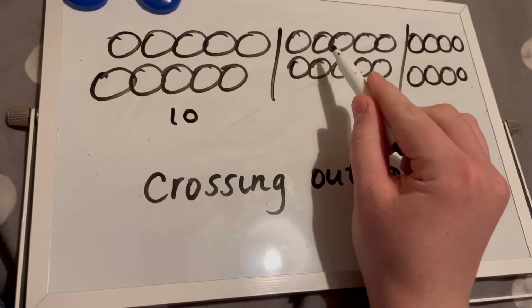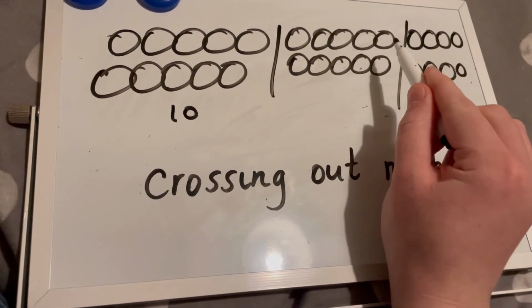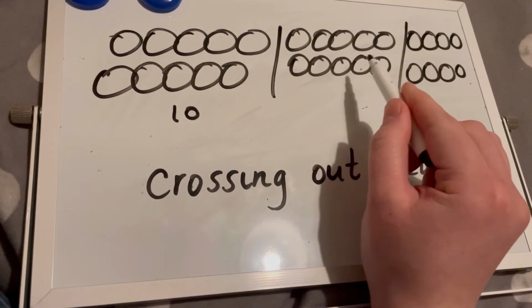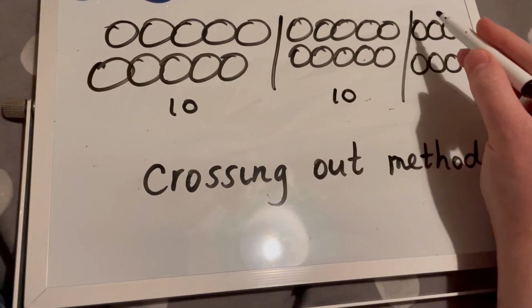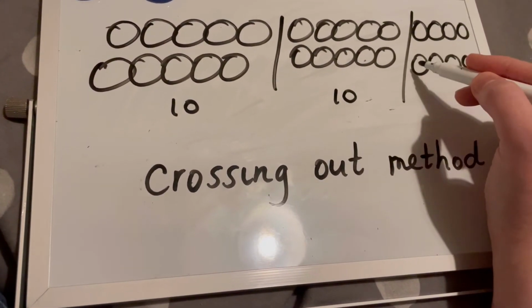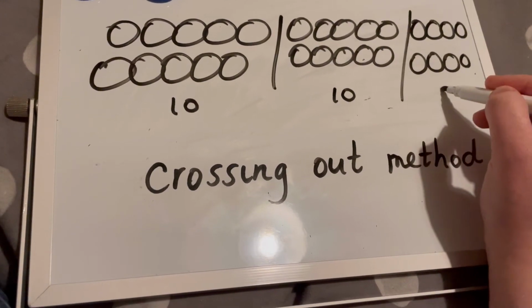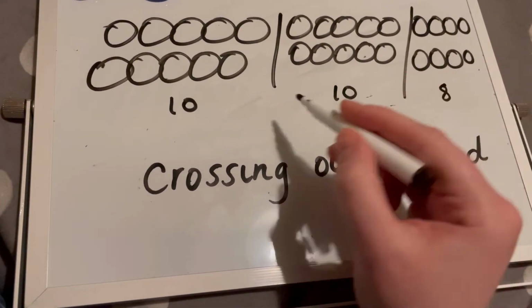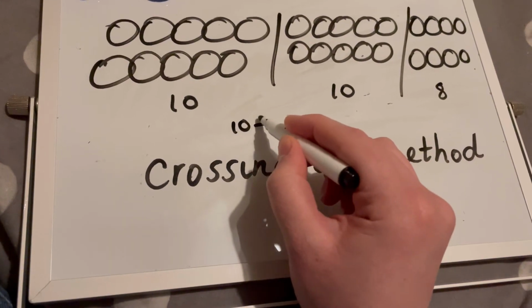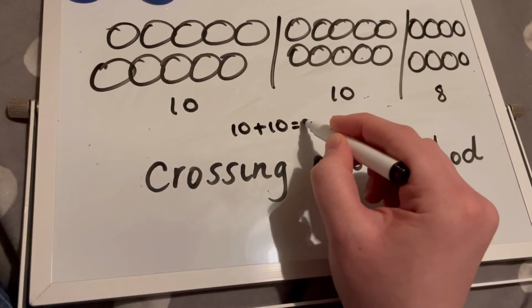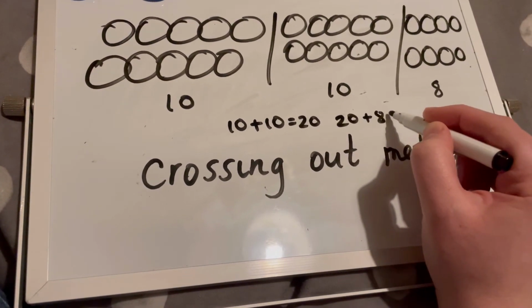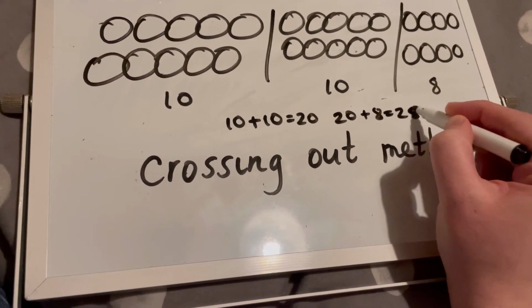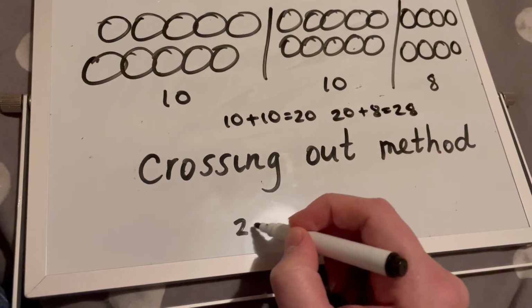So I've just counted out 10 balloons there, counting them out really carefully so I know exactly how many there are. That's another 10, so there's 2 groups of 10s, and 1, 2, 3, 4, 5, 6, 7, 8 ones. Now 10 add 10 is 20, and 20 add 8 is 28. So 2 10s plus 8 is 28.